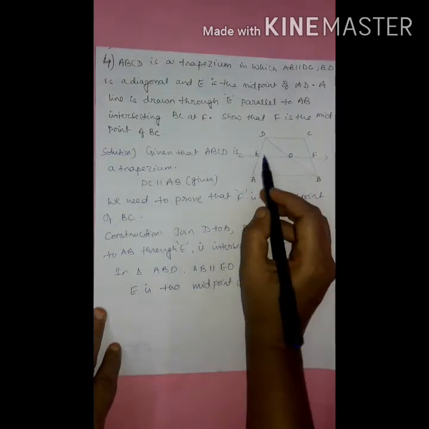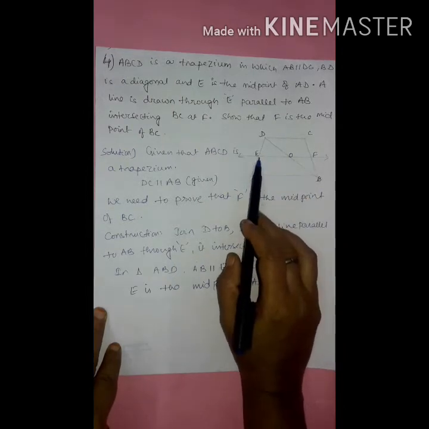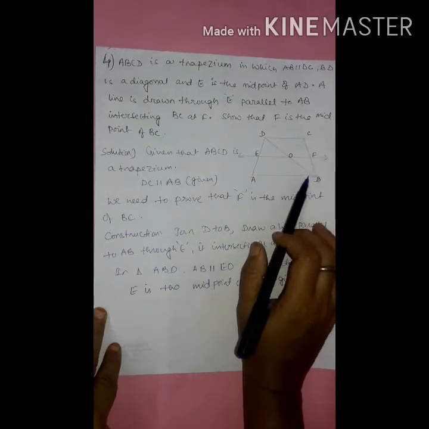So we already know the converse of the midpoint theorem: if any line passing through the midpoint of a side of a triangle is parallel to another side, it bisects the third side.